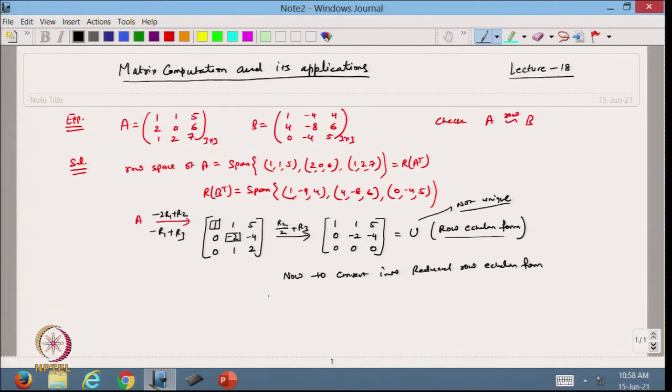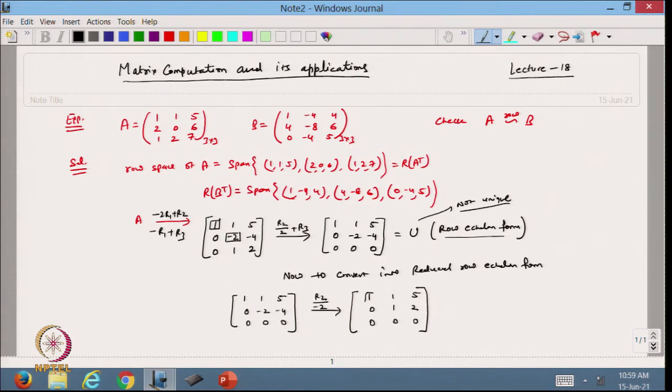In the reduced row echelon form, I have my matrix here, 1 1 5, 0 minus 2 minus 4, 0 0 0. Now, I will take R2 and divide by minus 2, to bring the element 1 here, and I will get 1 here and 2 here, 0 0.